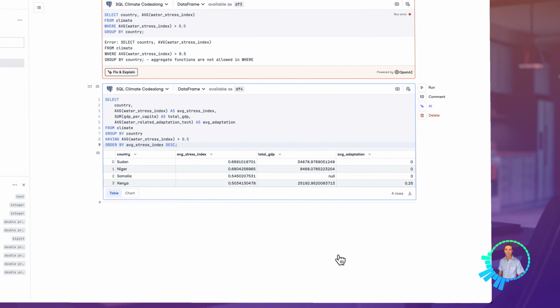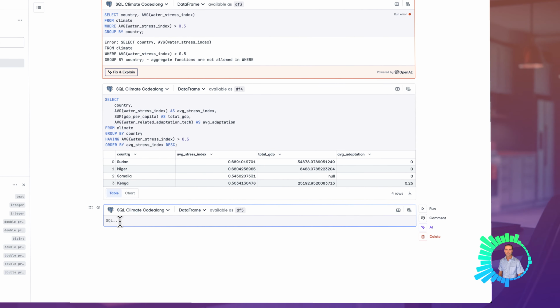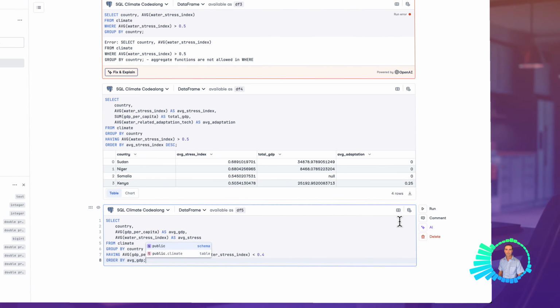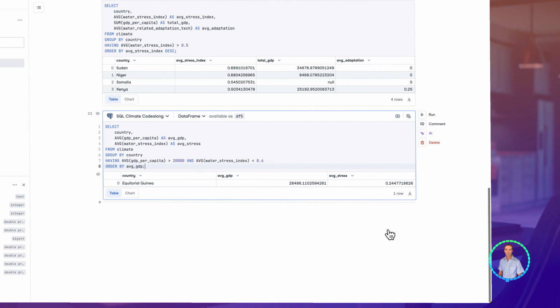To understand more, consider another example in which we want to identify countries with an average GDP per capita above 20,000 and a water stress index below 40%. Again, the query generates no errors, further demonstrating the flexibility of the having clause in working with aggregate data.